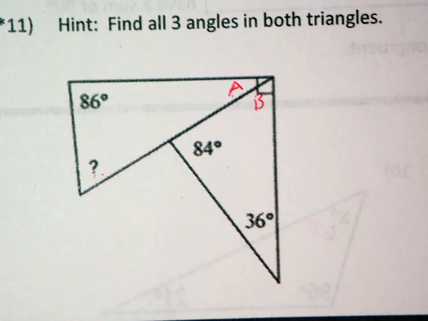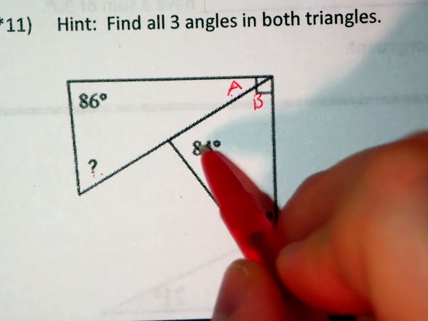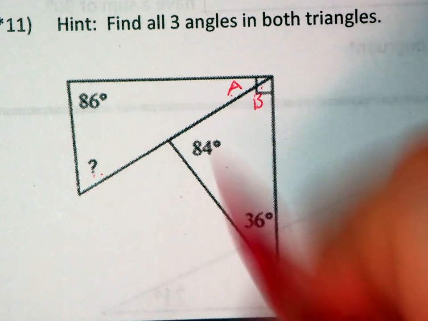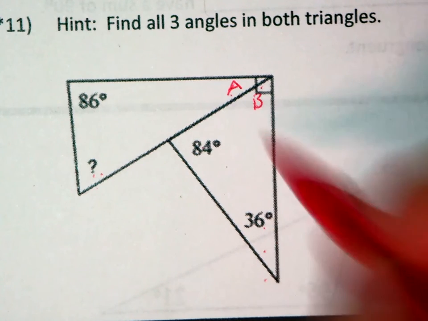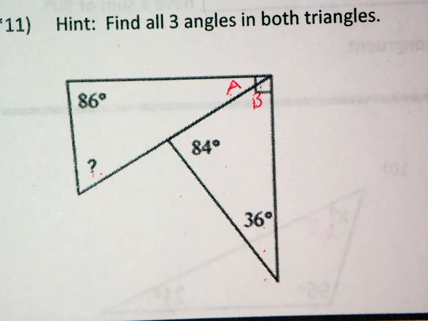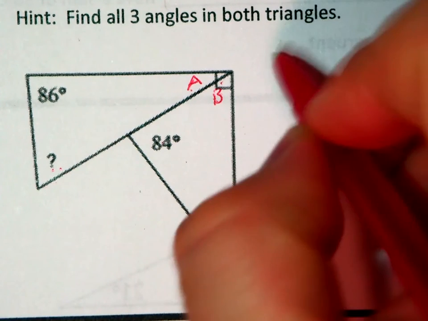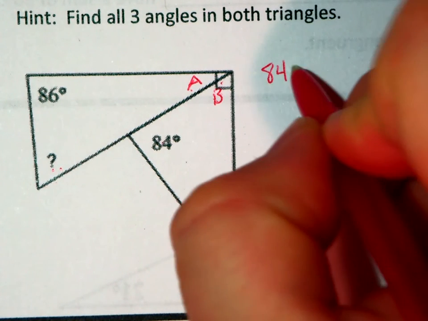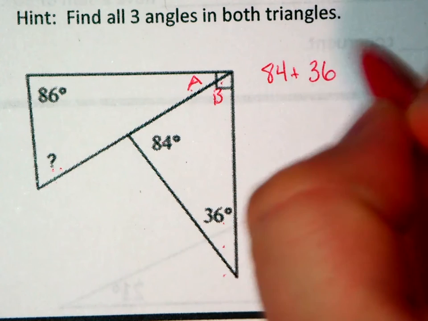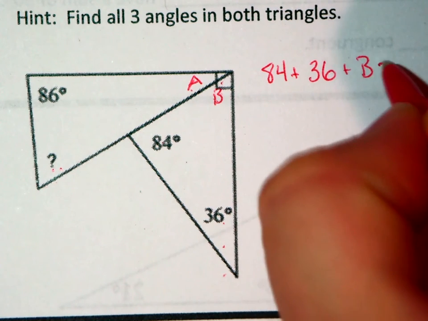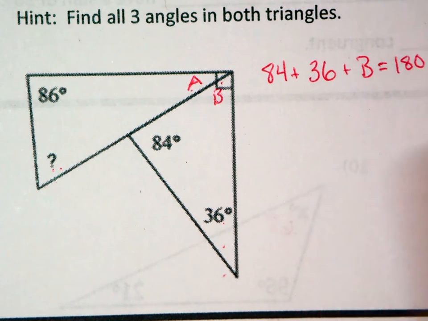And since I don't have enough information yet to find B, let's work with that triangle and see what it will tell me. I have two given angles and an unknown, so my triangle sum theorem would tell me that 84 degrees plus 36 degrees plus B has got to equal 180.